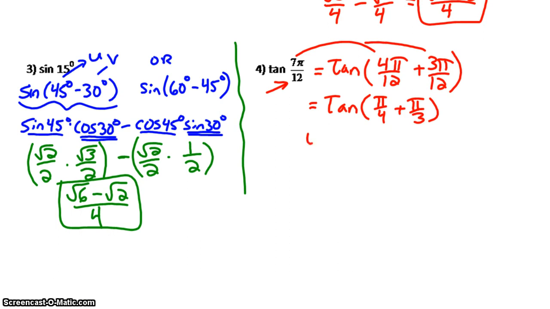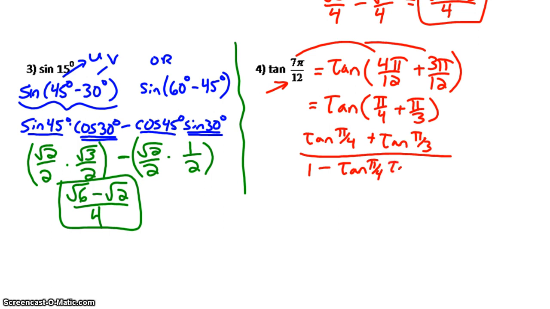So I'm going to have the tangent of pi over 4, that being my u, and I'm going to add to it the tangent of pi over 3, which is my v. Now I'm supposed to subtract from 1 the tan u tan v. So tangent pi over 4 times tangent pi over 3. Now it's a process of putting in the numbers.